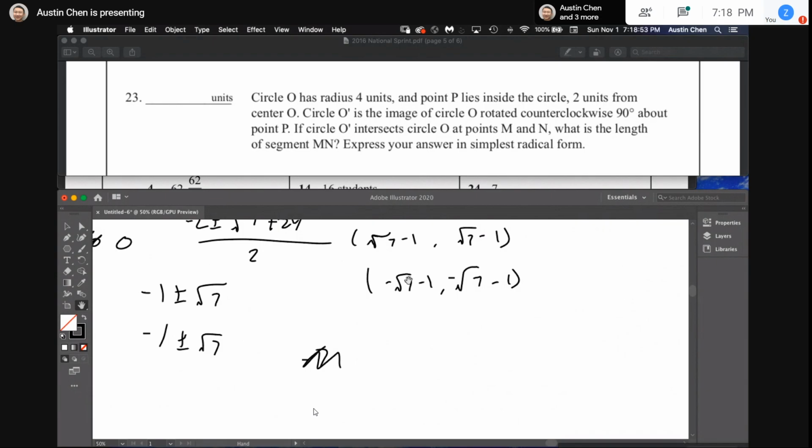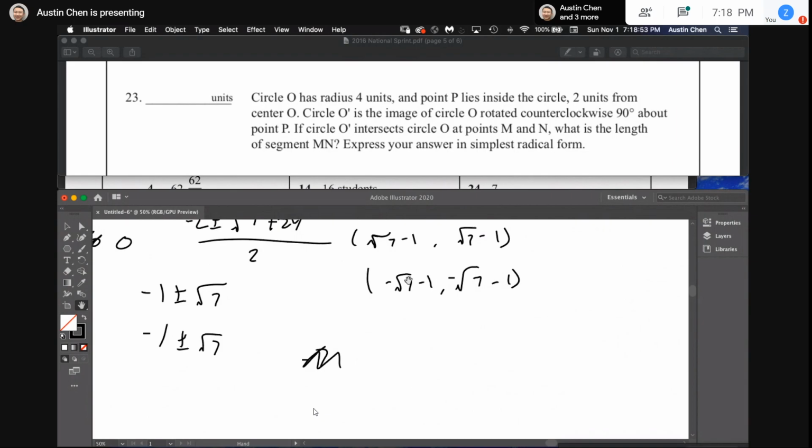So this minus this is just going to be negative 2 times root 7. I'm going to square that, and this will also be negative 2 times root 7. And then we need to square root it.